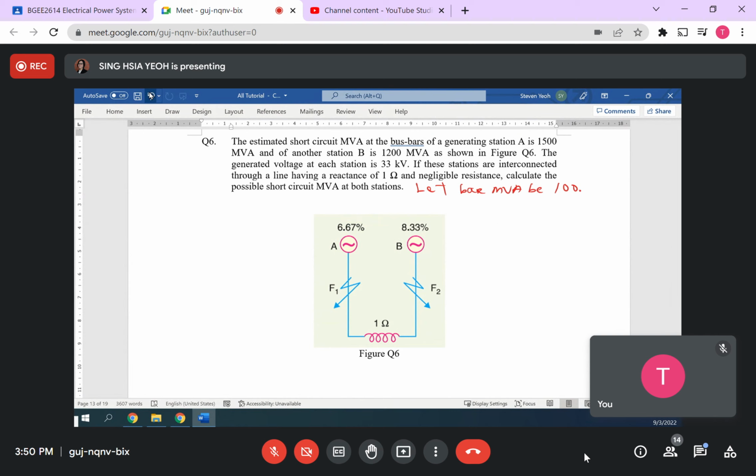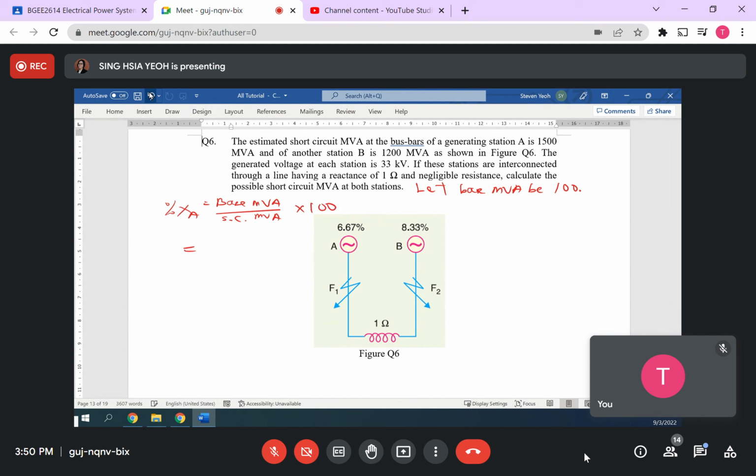So your percent XA is actually equals to base MVA divided by short circuit MVA times 100. Okay, this is a formula.